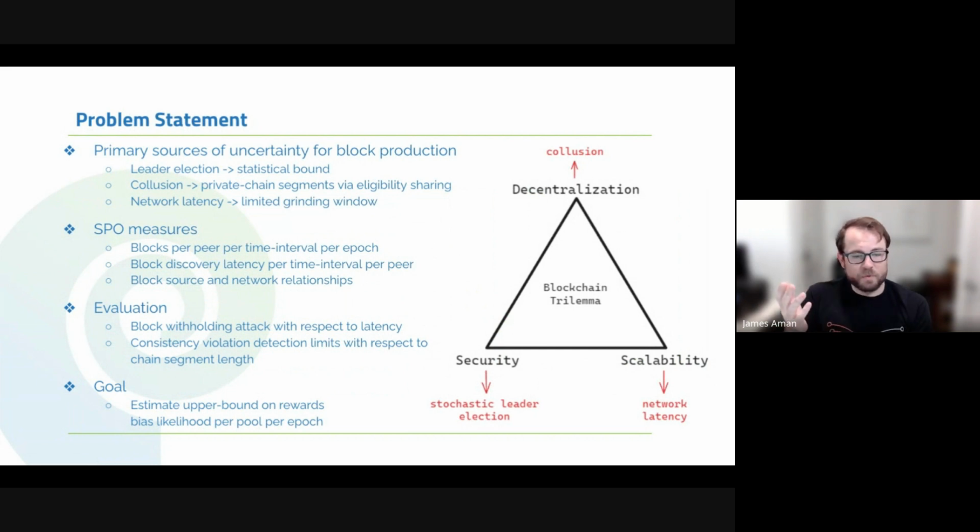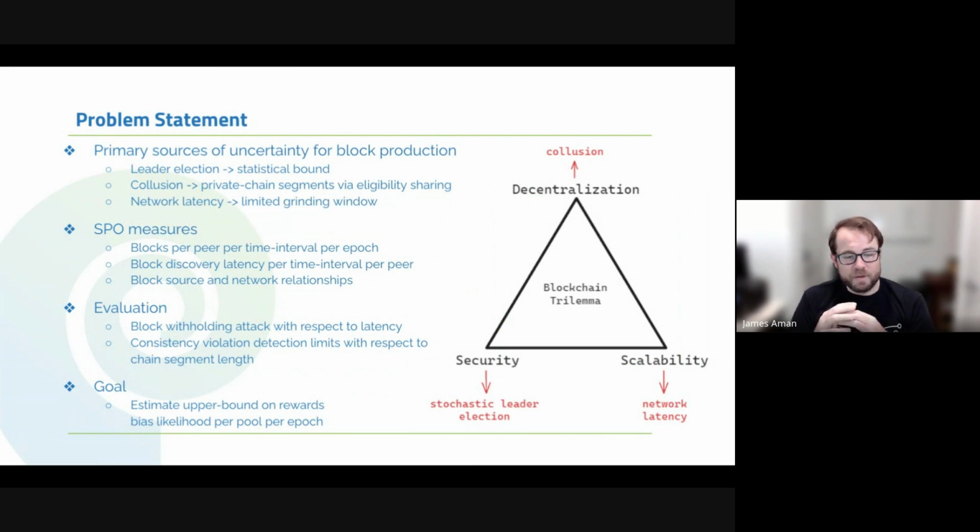One way you might be familiar with is the blockchain trilemma, which is one way of saying what these fundamental trade-offs are. Related to those different aspects of the trilemma are different ways you can take advantage of them. Here we've related how the leader election connects to the statistical bound from the previous slide that has a really long tail, and you may have experienced that sometimes blocks don't get created for minutes at a time.